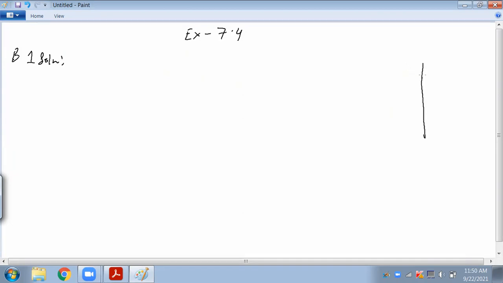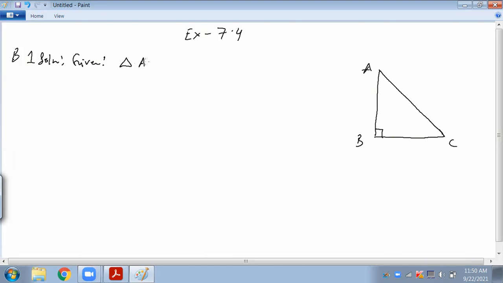So draw one right triangle. Given is what? Triangle ABC is a right triangle.